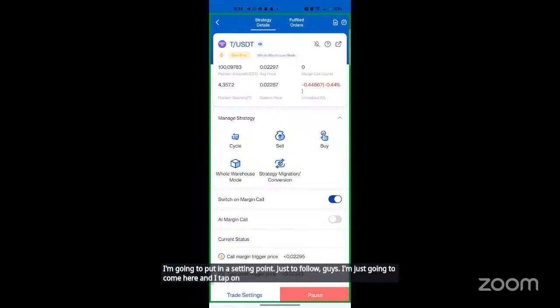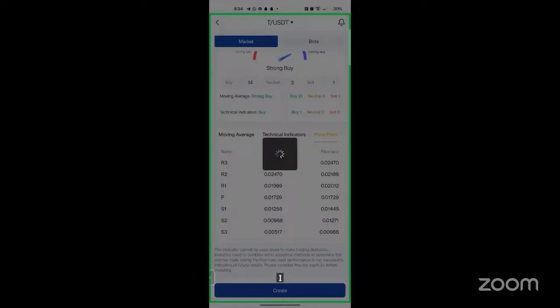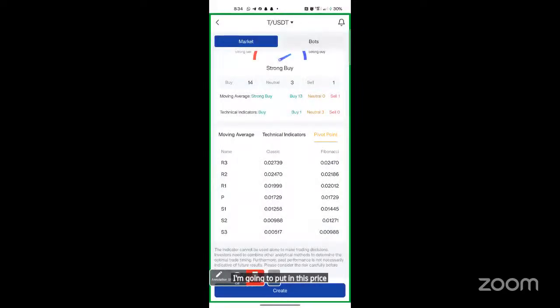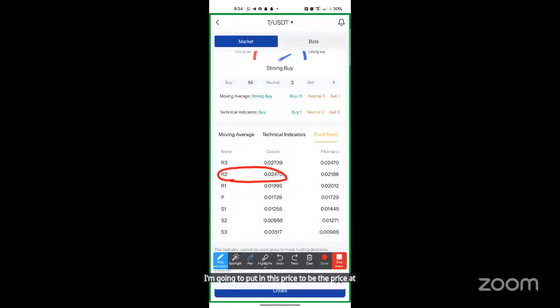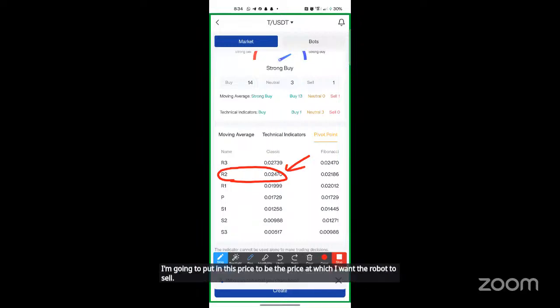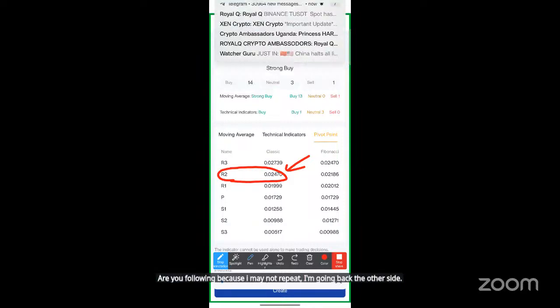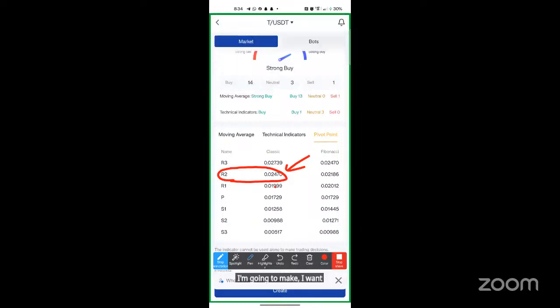Let's get back to the chart. I'm going to put in this price to be the price at which I want the robot to sell. Are you following? Because I may not repeat. I want my robot to sell at this price, which is 0.02470.